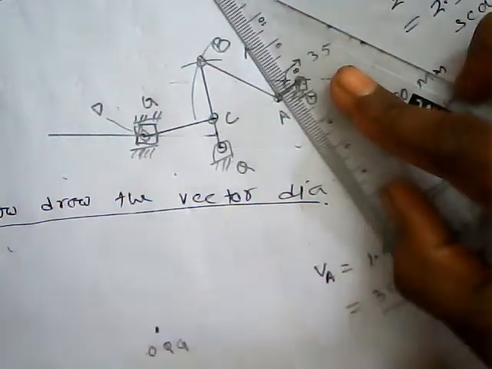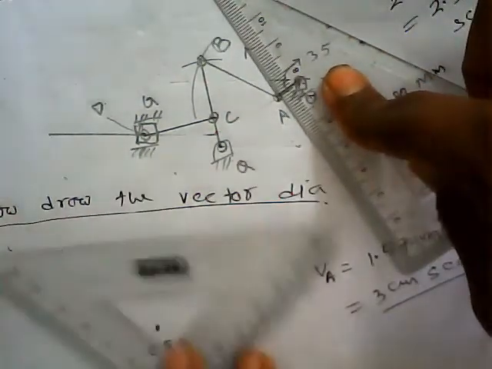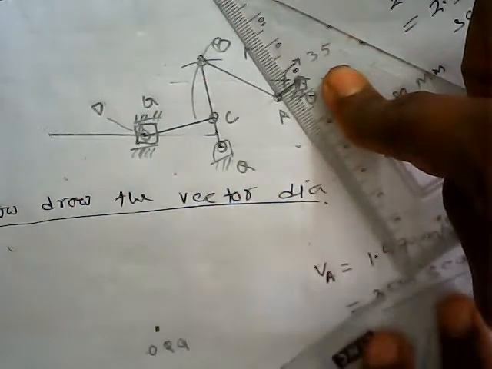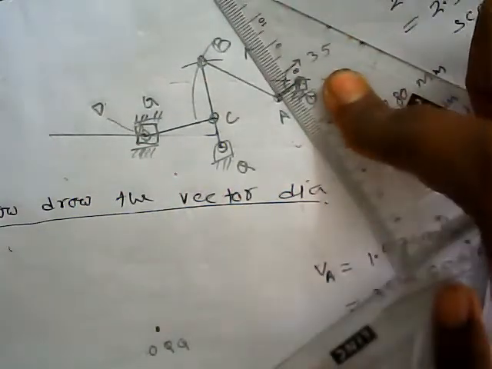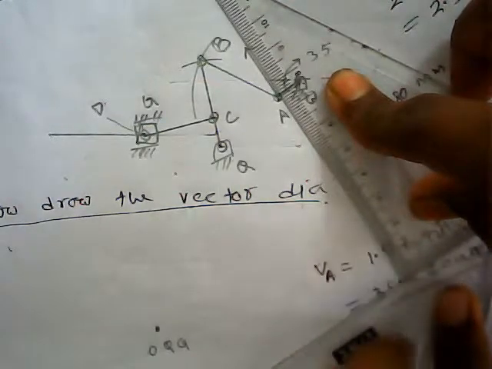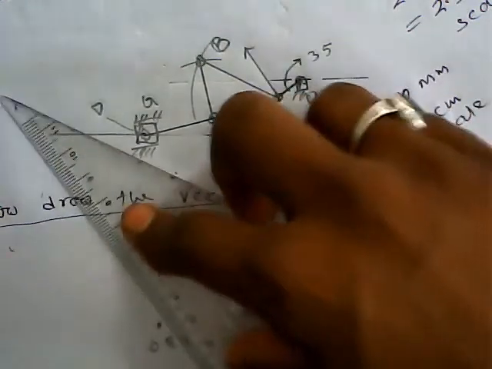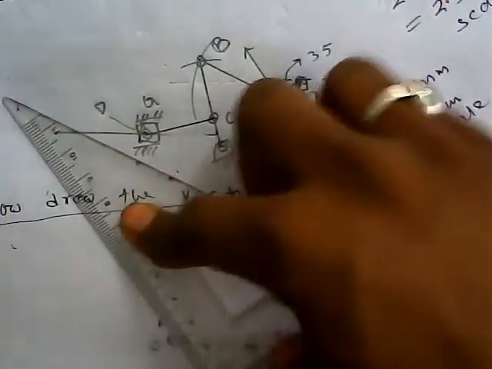And now draw the parallel line from the point O, Q or G. So suppose another point here.